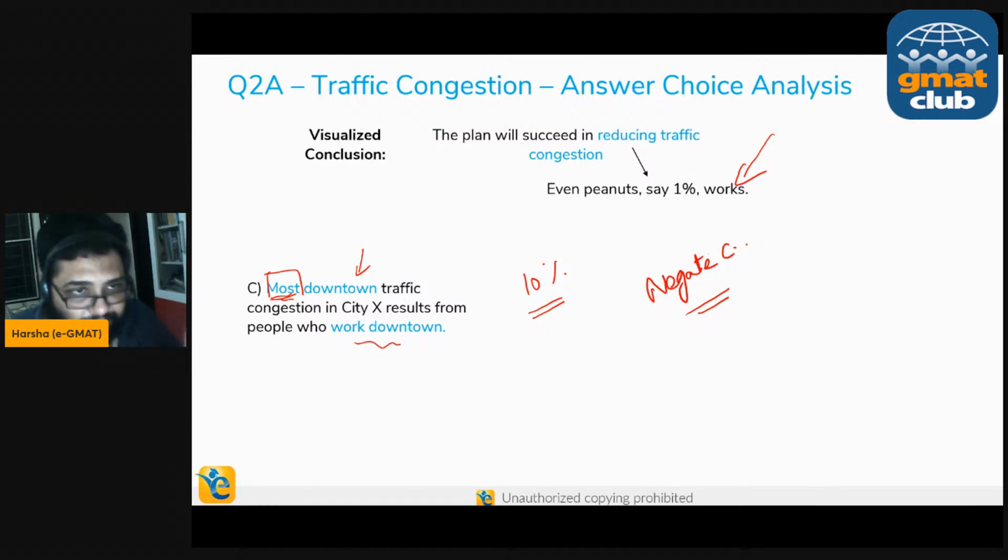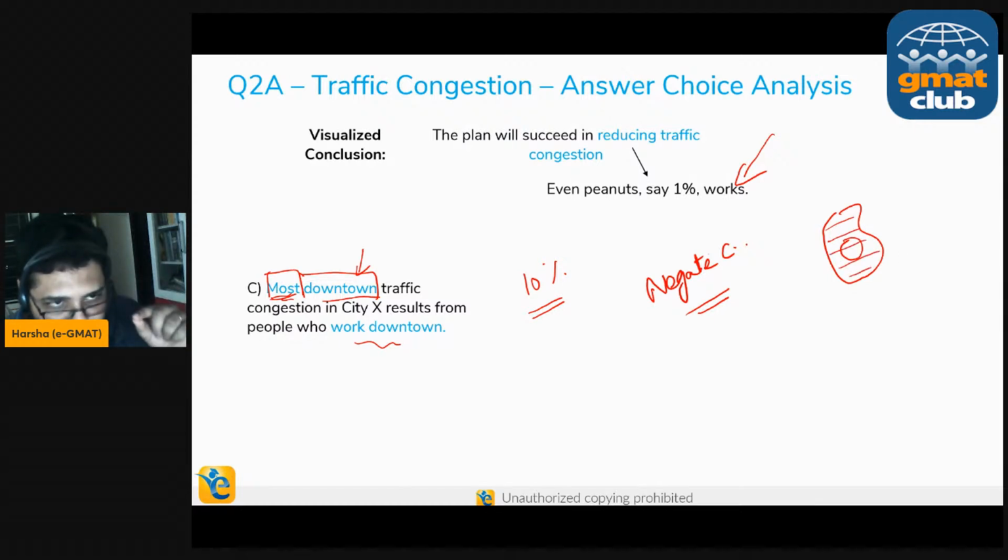That's the easiest way to reject option C, but you also have to look at the word downtown, by the way. Just because people are working downtown does not mean they're contributing to traffic in downtown. The conclusion is about overall citywide traffic reduction. So what if the people who work downtown are contributing to traffic outside downtown?